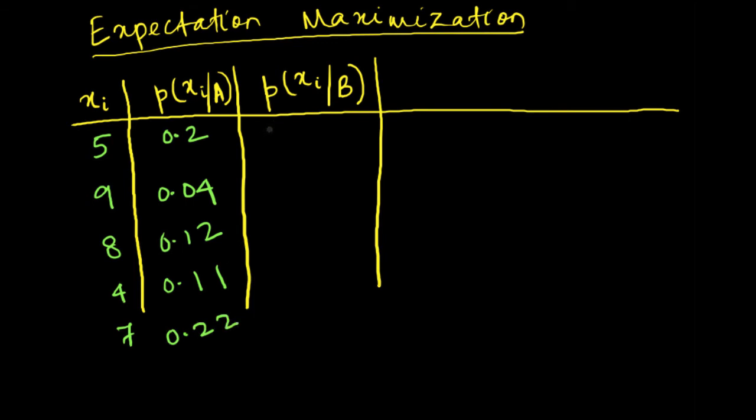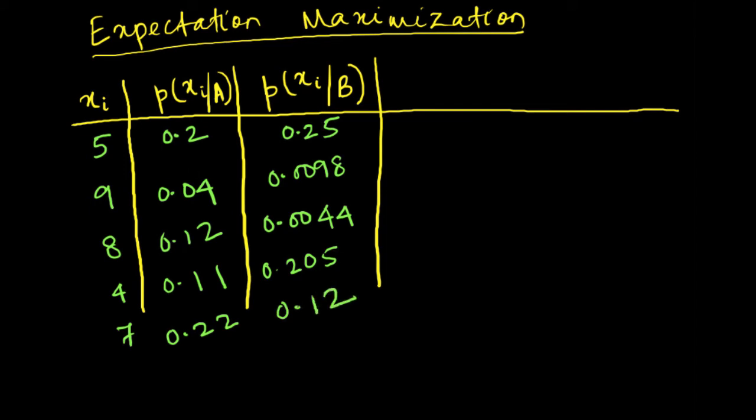And for P of xi given B, you have 0.25, 0.0098. So you can verify for yourself that these are the exact same values that we had calculated on the previous page. Then you have 0.205 and you have 0.12.